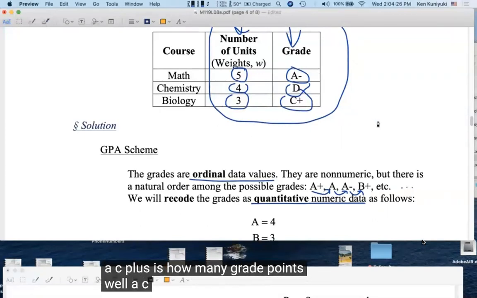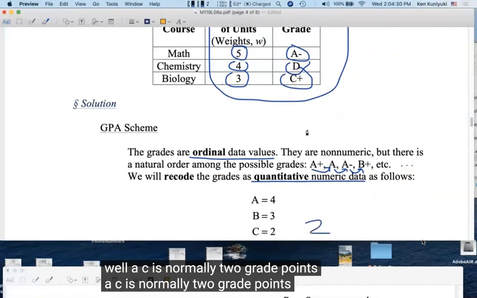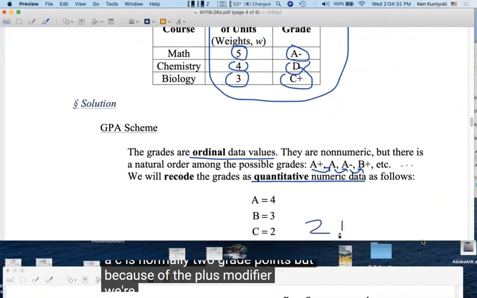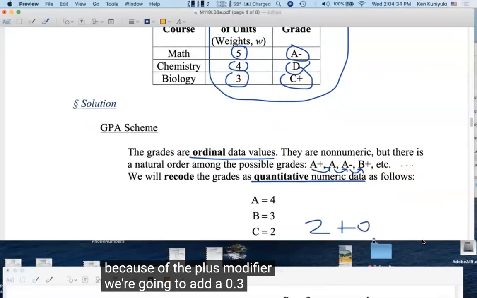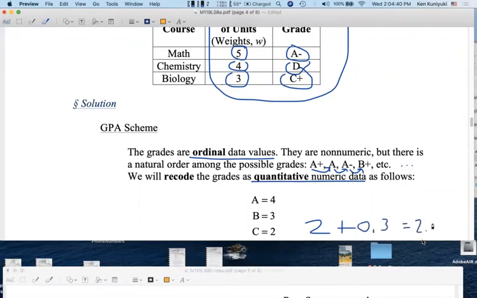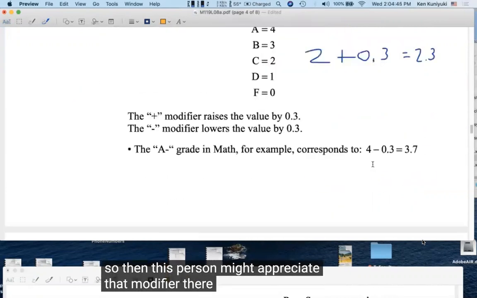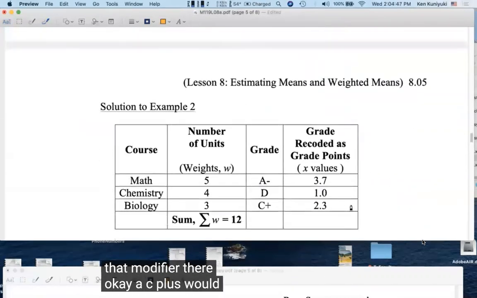Well, a C is normally 2 grade points, but because of the plus modifier, we're going to add 0.3. So a C plus would be 2.3 grade points. So then this person might appreciate that modifier there.